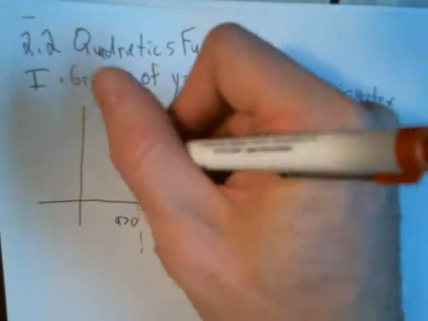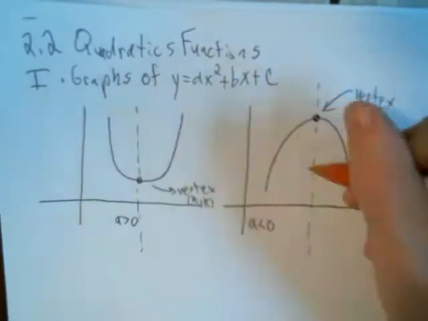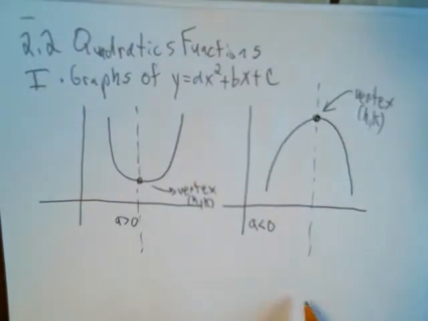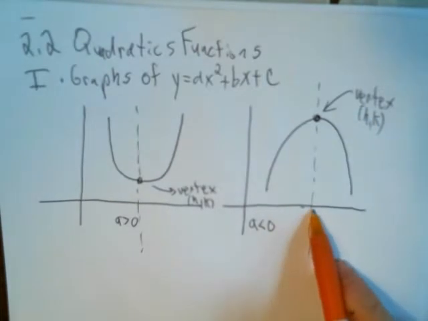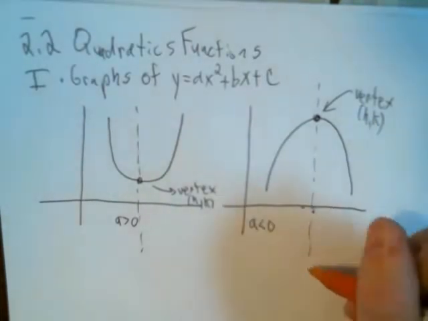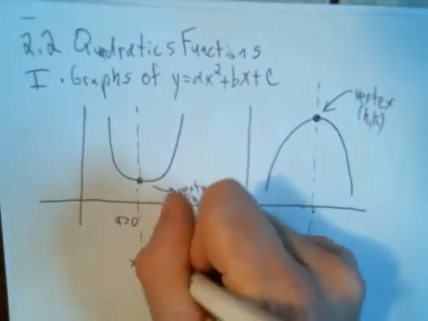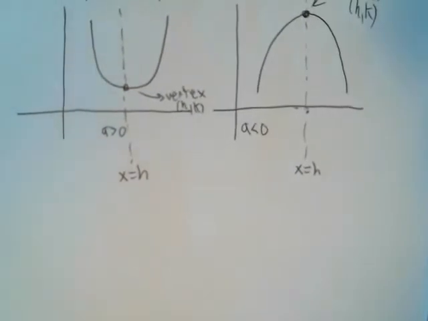And usually the vertex is going to be given the coordinate h comma k. So this will have coordinate h comma k. And then the axis of symmetry, because it's located at this x position h, you'll have the formula x equals h for the axis of symmetry. Okay, that's that stuff.